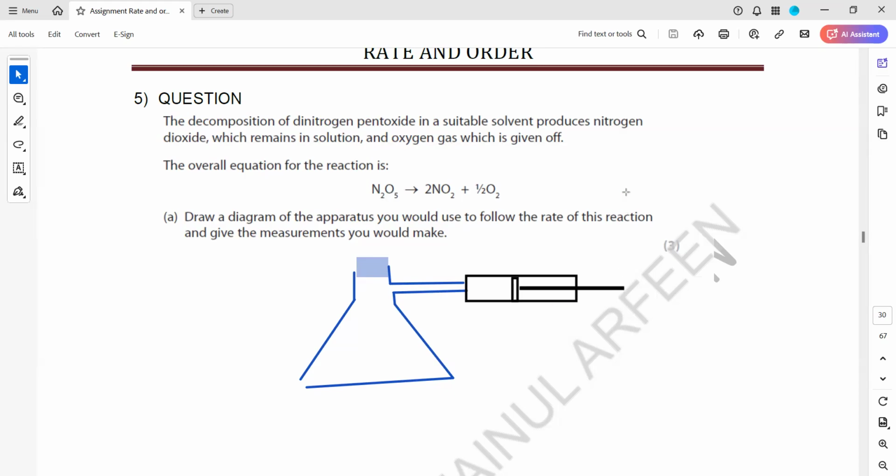And it must be labeled, always label the apparatus, like the conical flask, delivery tube or side arm, gas syringe, stopper or bung. And give the measurement you would make. We'll measure the volume of gas given off and the time interval.